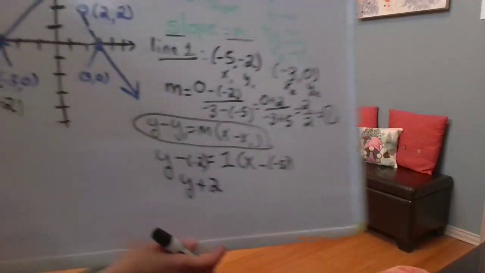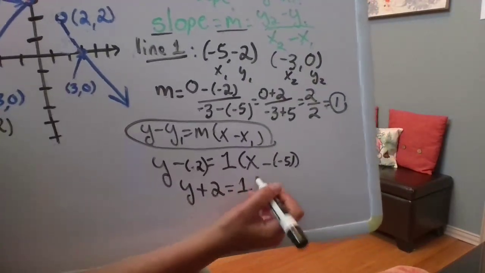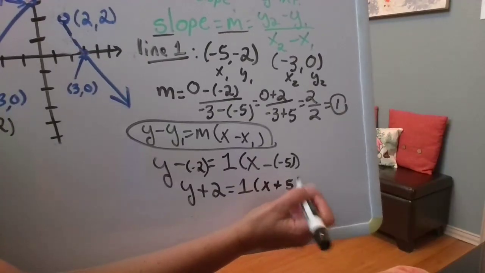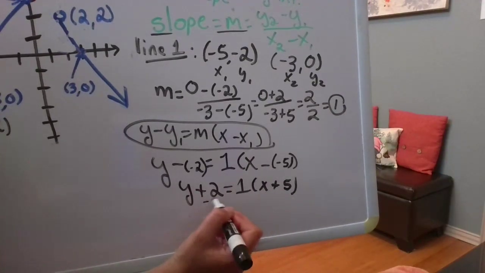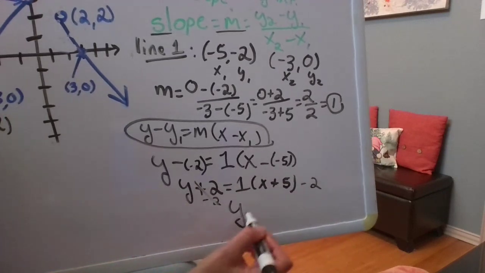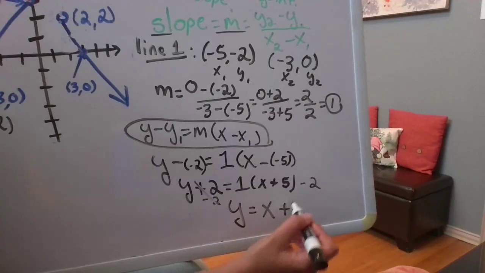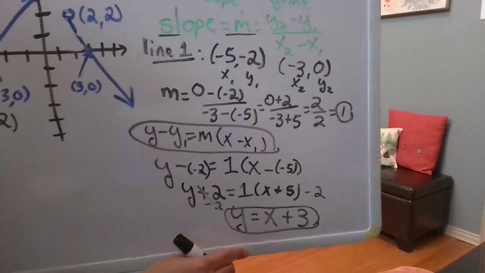Oop, we can't really see it, sorry. y plus 2 equals 1 times x plus 5. We're going to move that 2 over, so we'll get y equals x plus 3. And that's the equation for my first line.